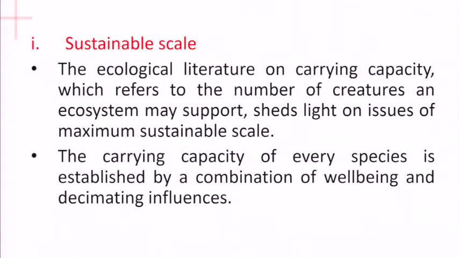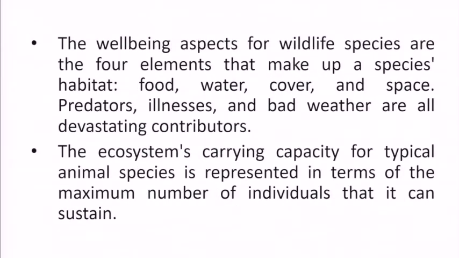The carrying capacity of every species is established by the combination of well-being and decimating influences. The well-being aspects for wildlife species are four elements that make up a species habitat, which are food, water, cover and space. Predators, illness and bad weather are all the devastating contributors.